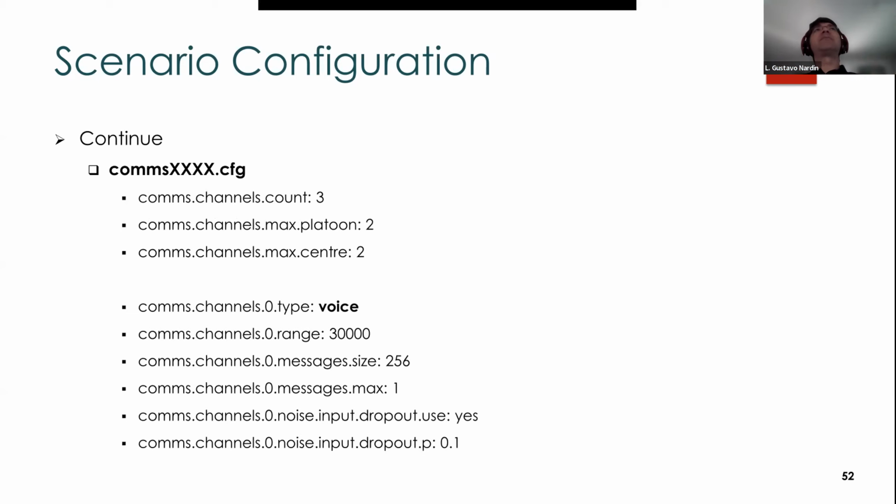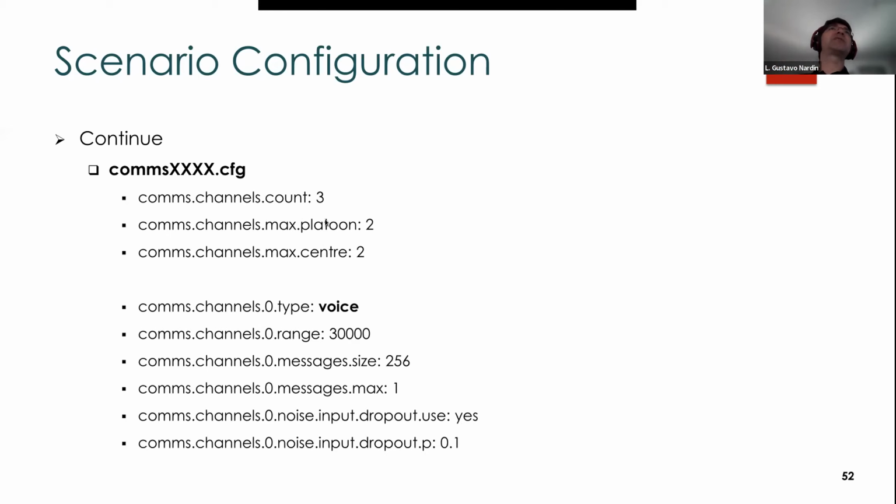Besides that, there is some communication configuration where you can define the voice range, for how far you can communicate by voice, the size, how many bytes you can transmit in the message, and if there is some dropout and some noise in that channel. Okay. In addition to that, there is also the maximum number of channels, and the number of channels that the platoon and centers can subscribe to.